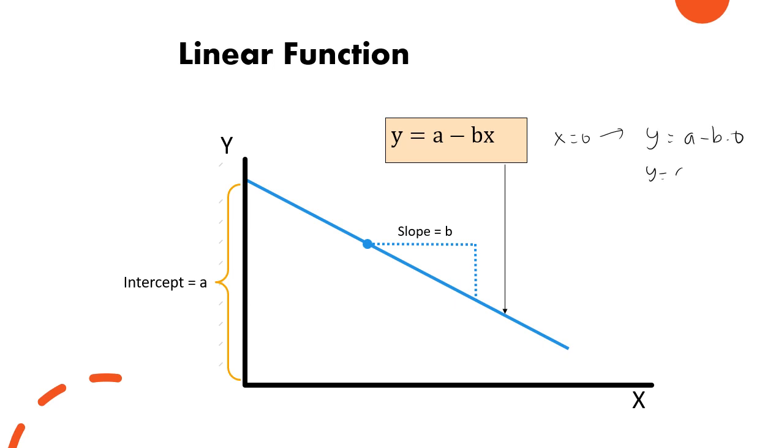So y is a. That means that at the intersection where x equals 0, y is a. So we call that the intercept point, or just intercept.